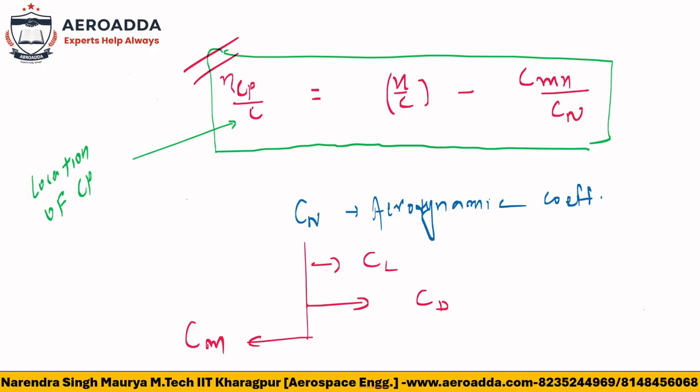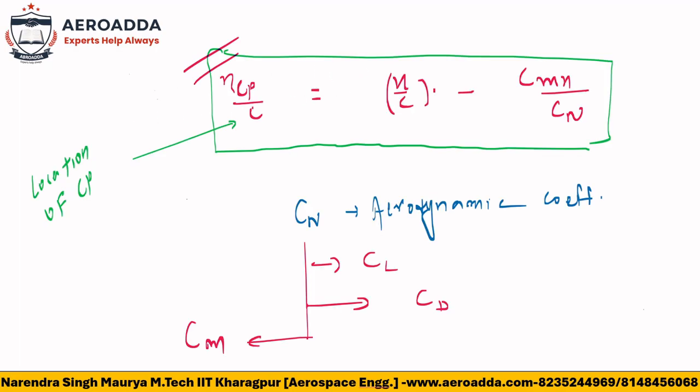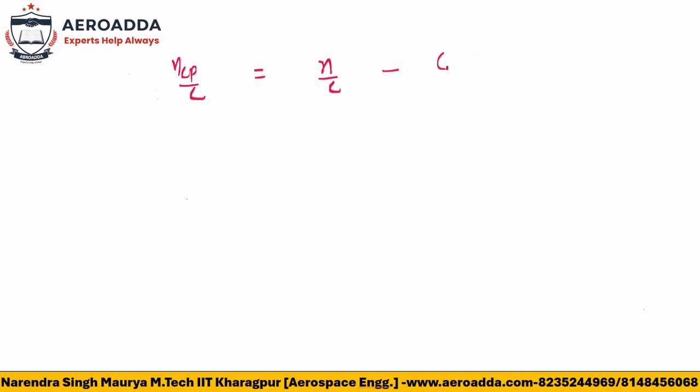Now you see the variation. This is again very important. Okay, you got it. You got that. But very important that takeaway point for this. What is takeaway point? Check it, everybody. If you see, to write the XCP value here, check XCP by C is equal to x by C minus that CMX.